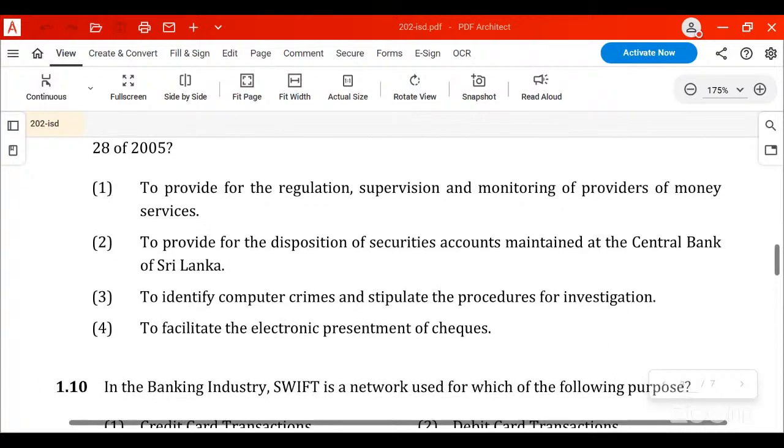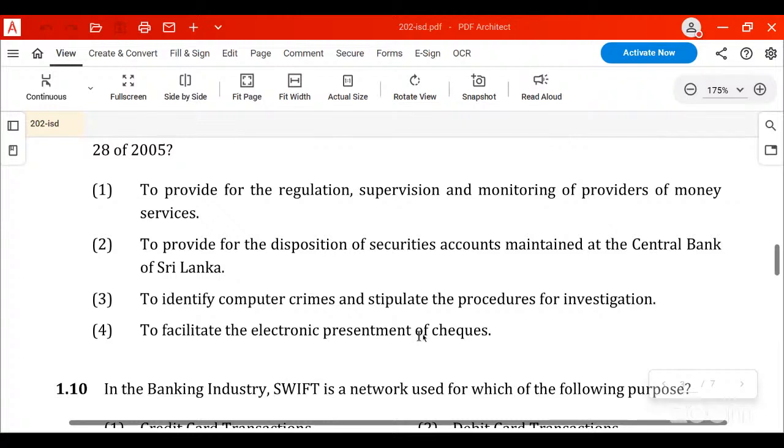To provide for the disposition of security accounts maintained at the Central Bank of Sri Lanka. To identify computer crimes and stipulate procedures for investigation. To facilitate the electronic presentment of checks.